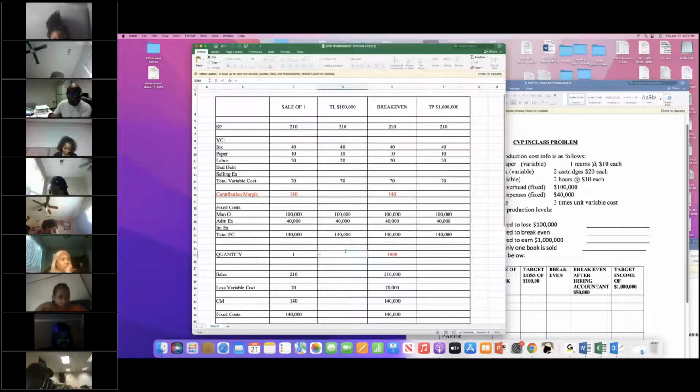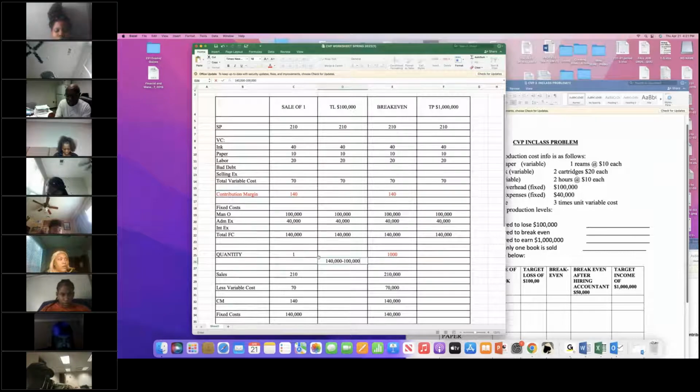So we know that simply we take 140,000 minus the loss we want, minus 100,000. And once we get that number, what will we do?